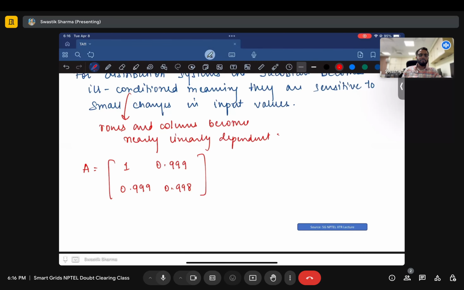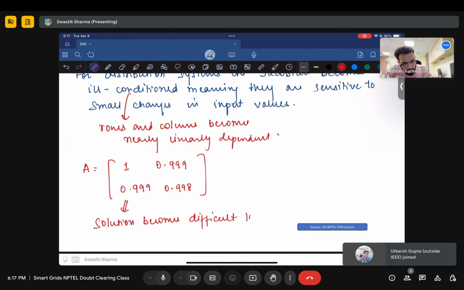You see all the values are close to 1. So that means that the rows and columns are now nearly linearly dependent. Row 1 and row 2 are very close to each other, and column 1 and column 2 are very close to each other. Because they become ill conditioned, the solution becomes difficult to ascertain, right?